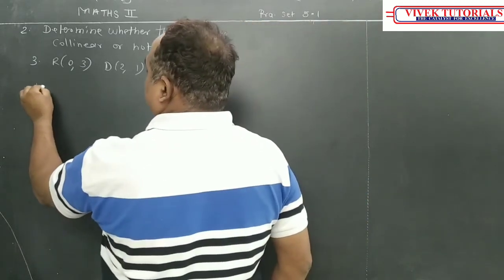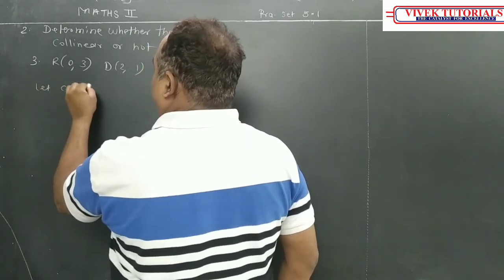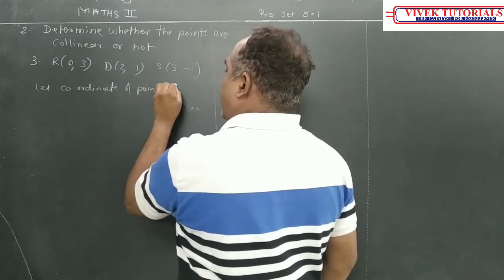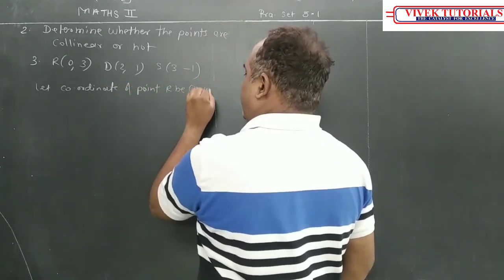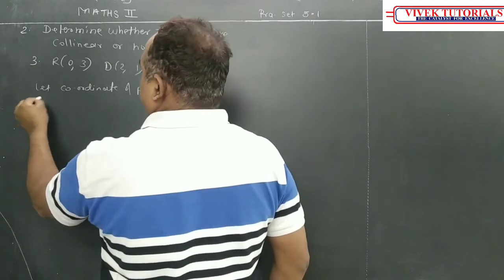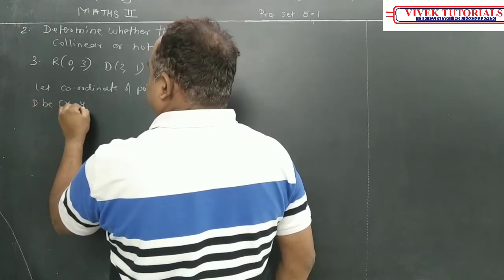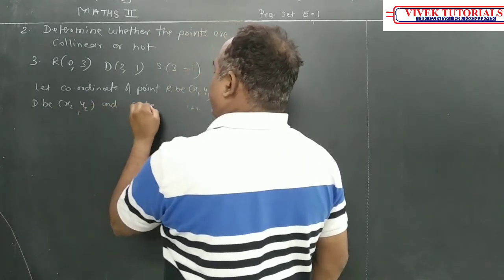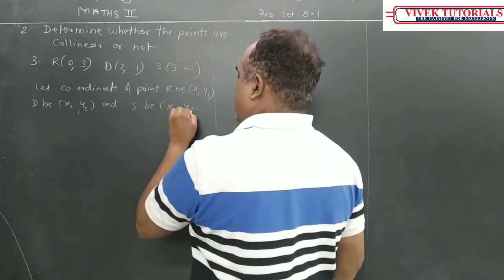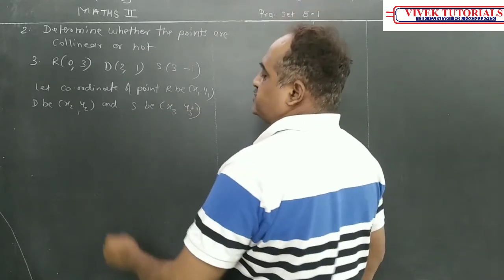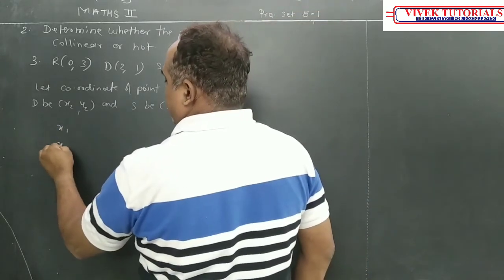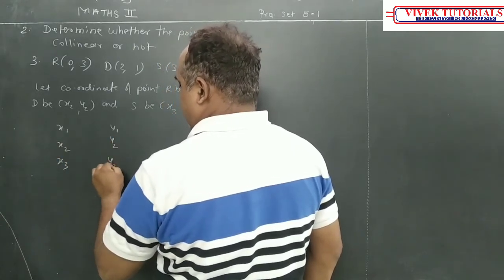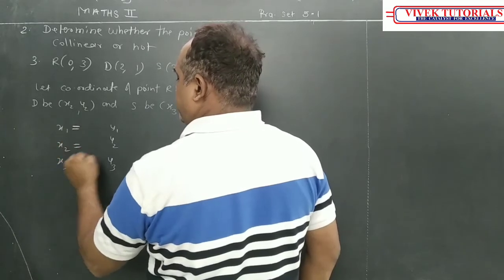Let the coordinates of point R be x1, y1, D be x2, y2, and S be x3, y3. Then you substitute the values x1, x2, x3, y1, y2 and y3.